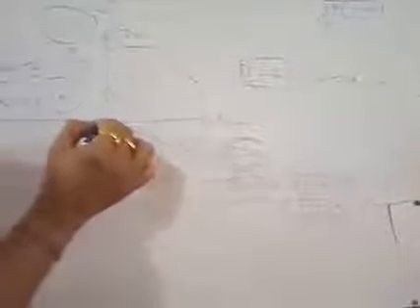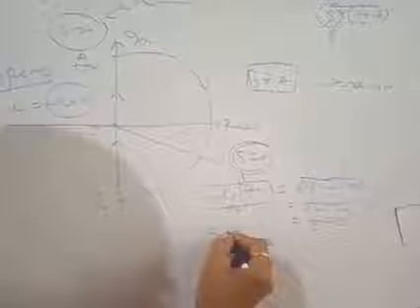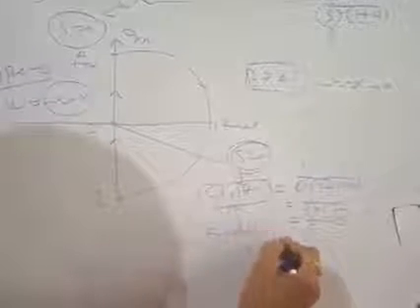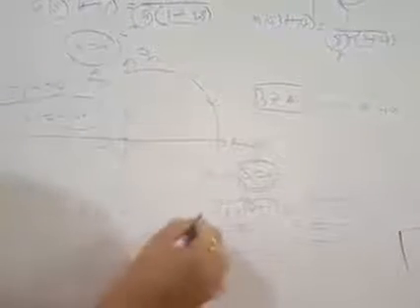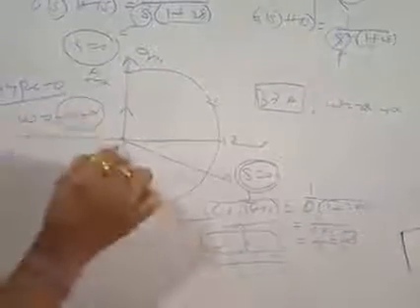That means at the origin, this transfer function is not analytic. Analytic means for every value of s, if you vary it, the function will be finite. So if there is any infinite value for any value of s, this becomes non-analytic.